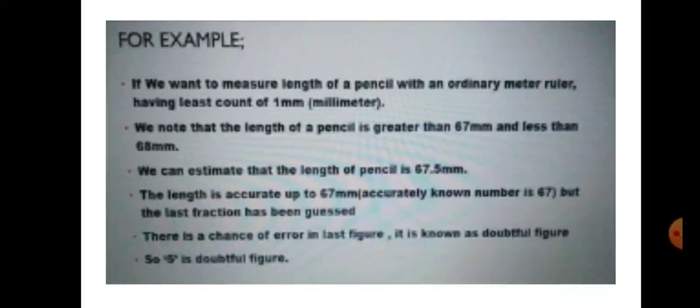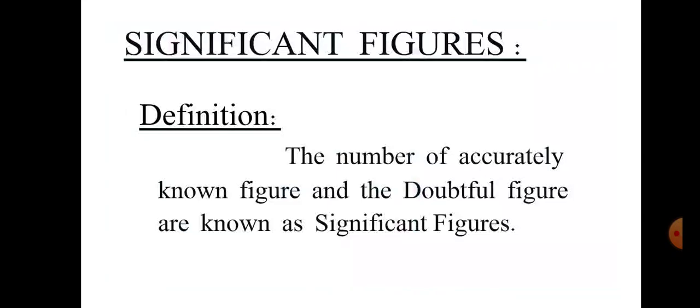So in this value 67.5 millimeter, the 67 is the exact accurate value and 5 is the doubtful figure. Now on the basis of this example, we can define significant figures: the accurately known figures and the first doubtful figure are known as significant figures.